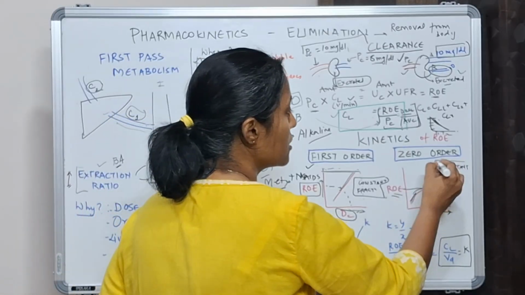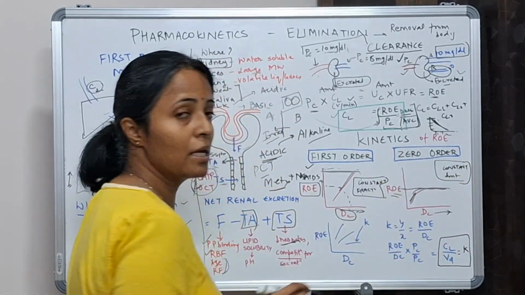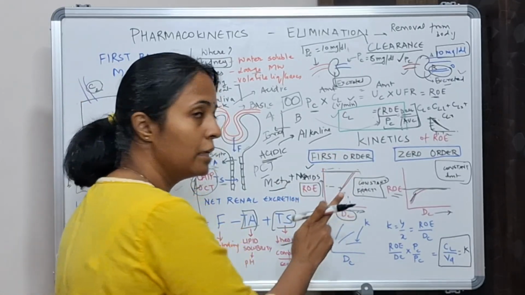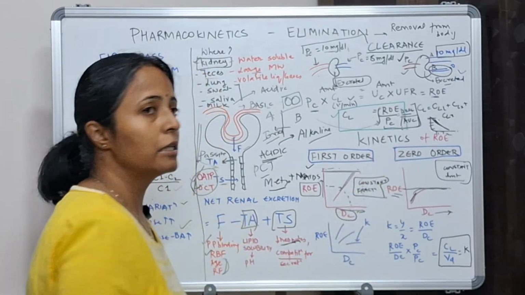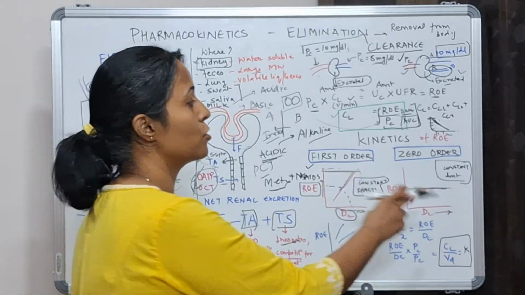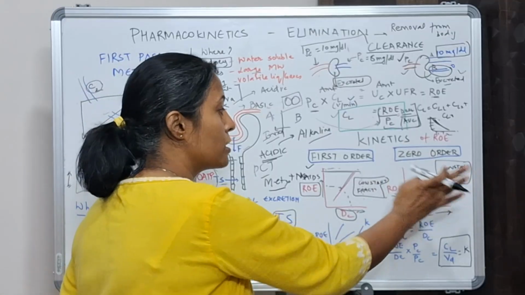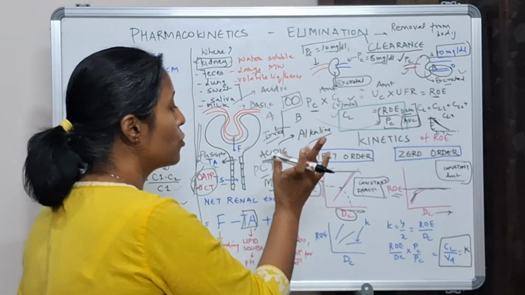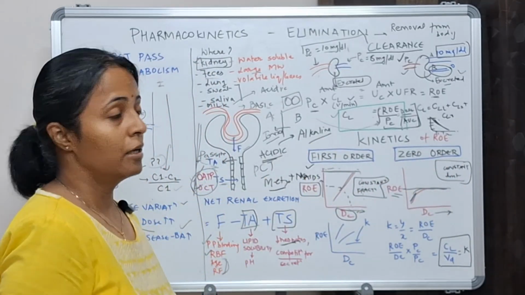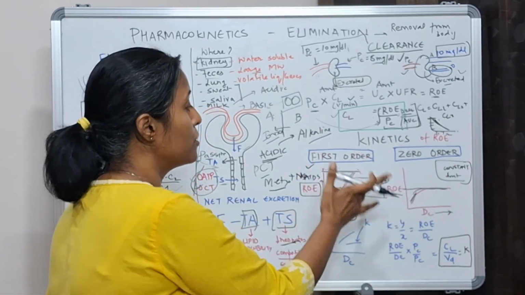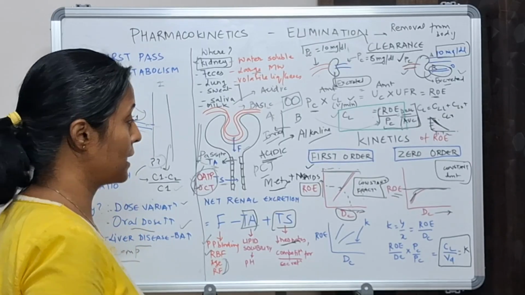So in this case, a constant amount is being excreted. First order kinetics is also known as linear kinetics; zero order kinetics is also known as saturation kinetics or capacity limited kinetics. In zero order, a constant amount is excreted, while in first order, a constant fraction is excreted.